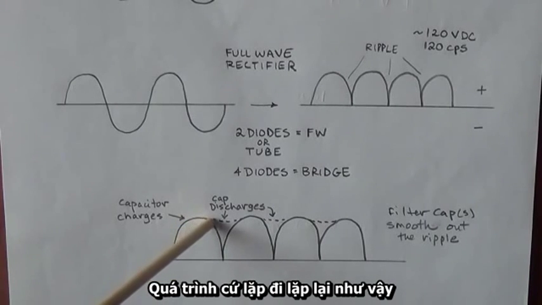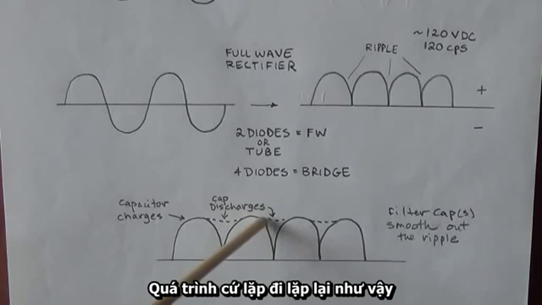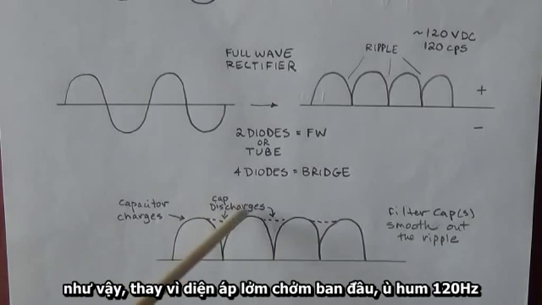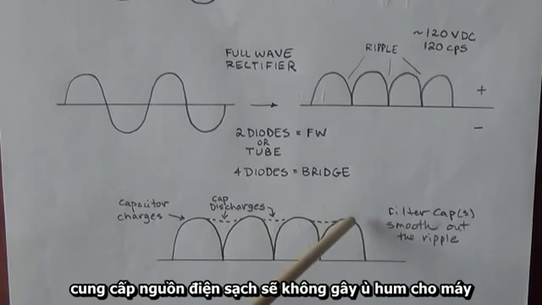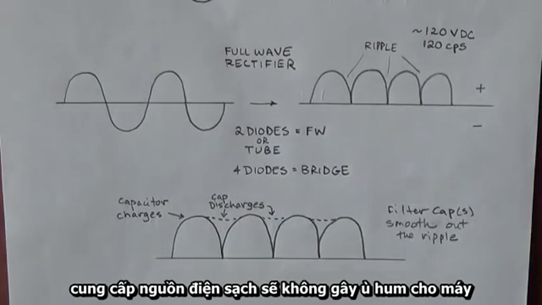The capacitor fills the gap, then it charges again, it fills the gap as the voltage drops off, charges over here, fills the gap, and you see that instead of having this very jagged ripple that gives us the 120 cycle hum, we have a fairly smooth waveform here that provides uniform high voltage for our amplifier and without any hum that you can hear.